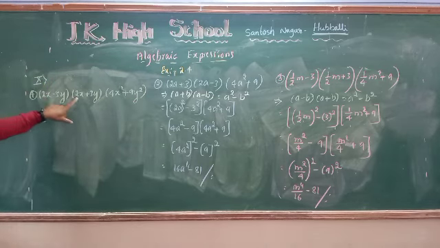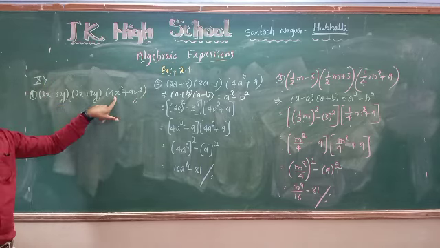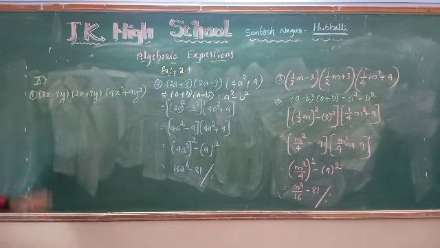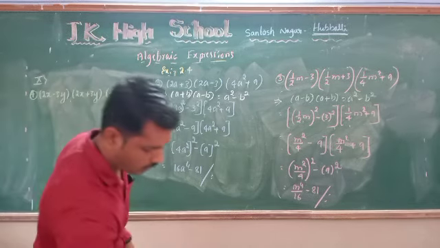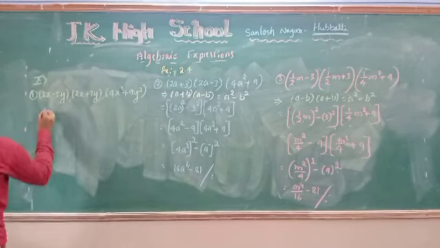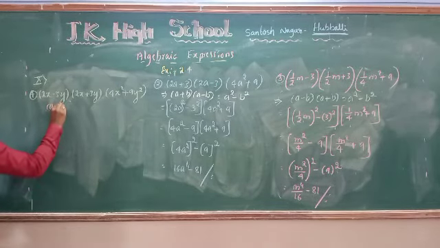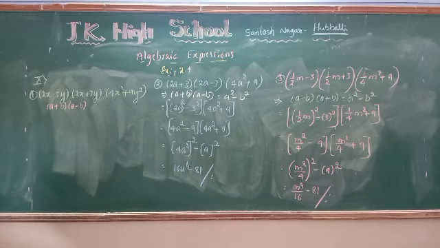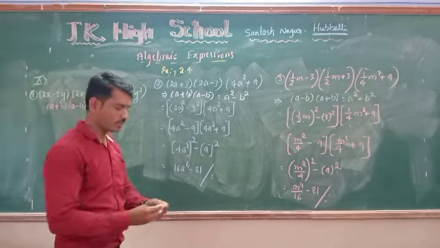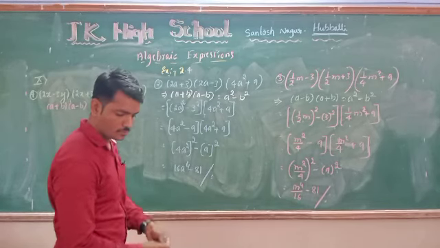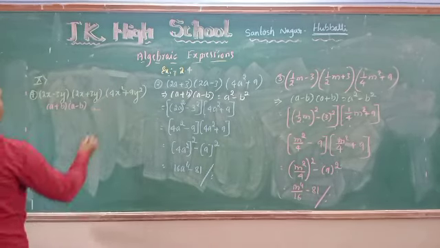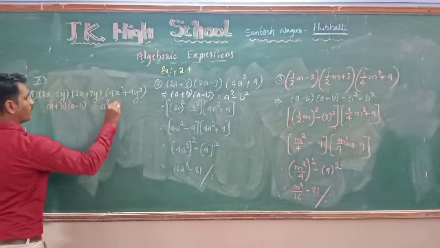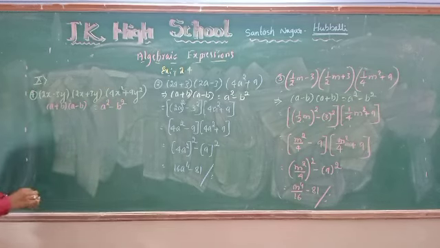This question is also in the form of what? A plus b into a minus b. For every question, we have to mention the identity, that is mandatory. Understood? We should mention the first one: a square minus b square.